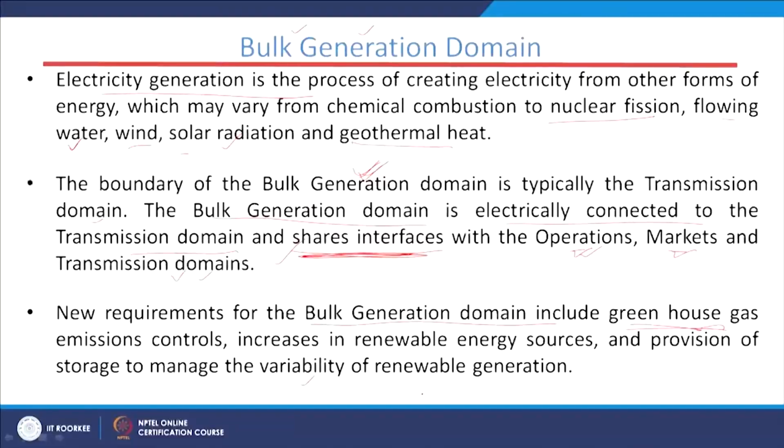So, this bulk generation domain will help us to see how quickly greenhouse gas emission control can be achieved, how carbon dioxide emission should be controlled and reduced. Unless we use renewables in a huge manner and the percentage of renewable energy is increased, we are not going to reduce the carbon dioxide emission anymore.